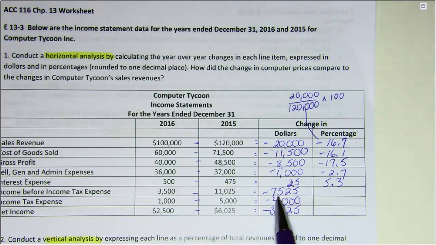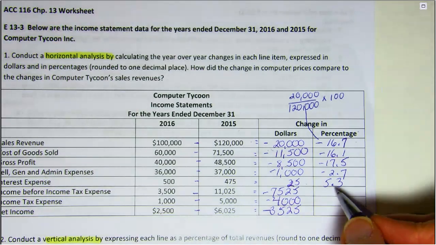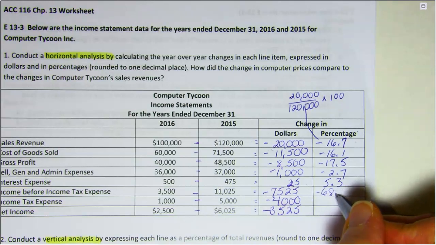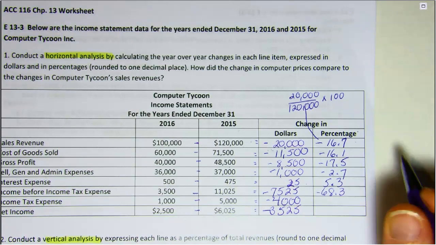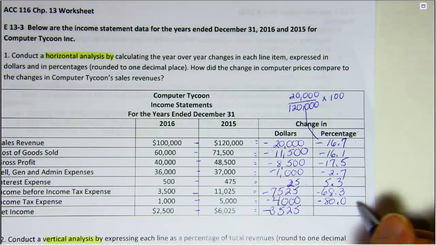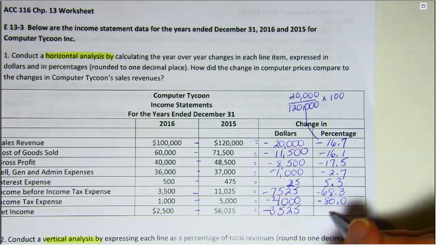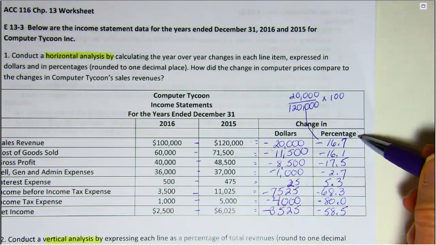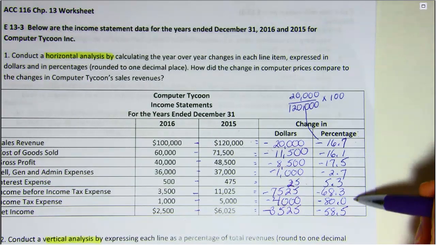Income before income taxes, 7,525 divided by 11,025 multiplied by 100, round to one decimal place, that's a minus 68.3%. Income tax expense is an even 80%, and net income is a decrease of 58.5%. And again, because they have the word percentage up there, I'm not writing the percents in here.